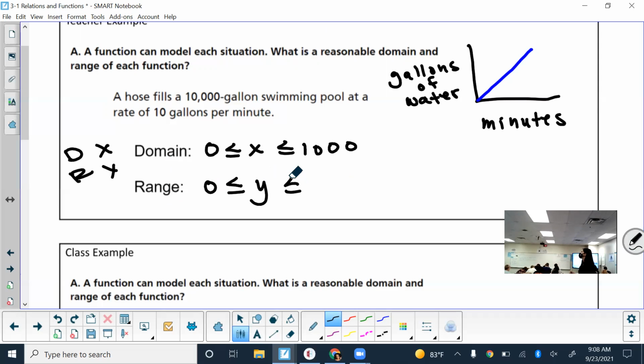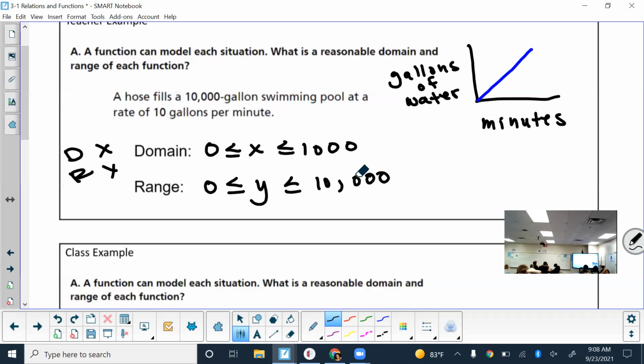And then what's a reasonable number to end on? 10,000, right? Because we don't want to overfill the pool. That's the maximum amount it can have in there. So that's a reasonable place to end. Does that make sense? All right.